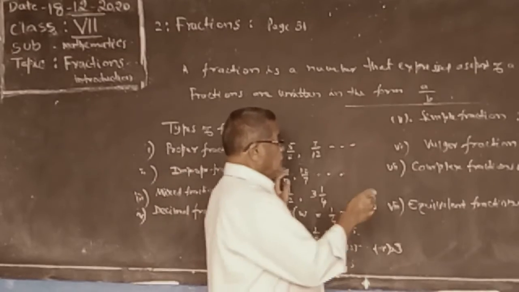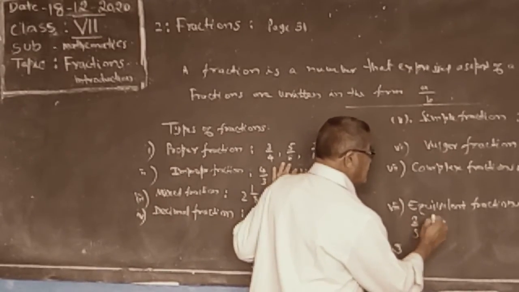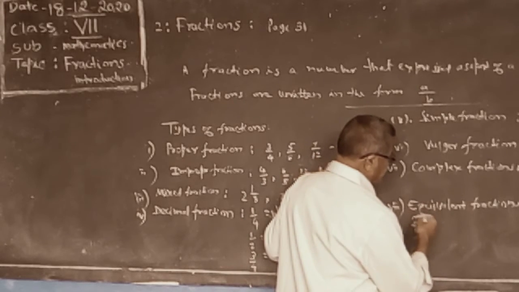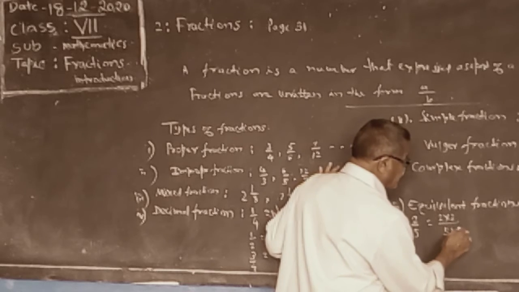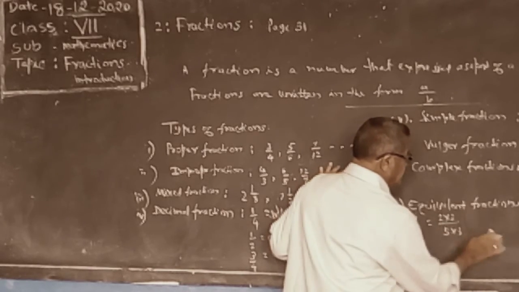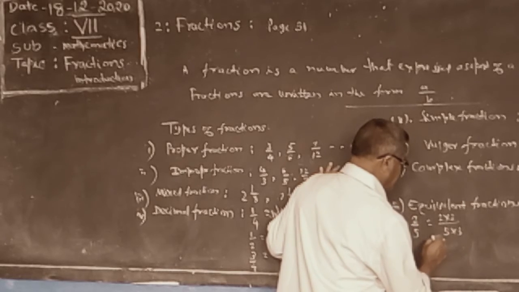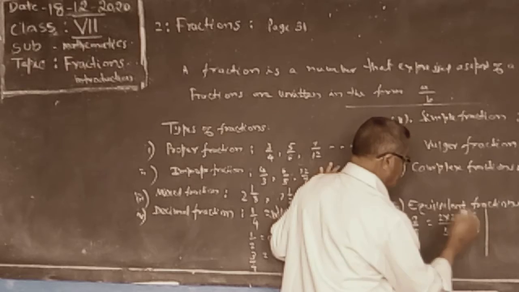Suppose 2 by 5 is there. Equivalent fractions are made by multiplying by any number. 2 into 3 by 5 into 3, that is 6 by 15. This is the equivalent fraction 6 by 15.